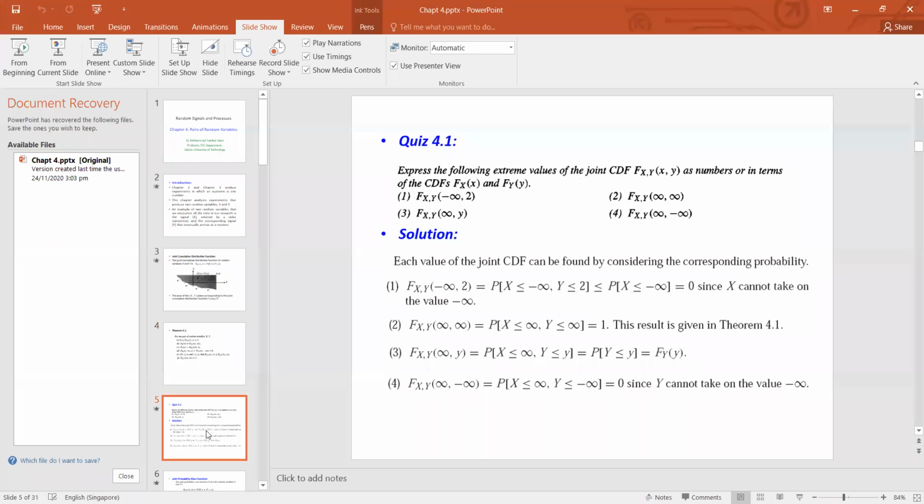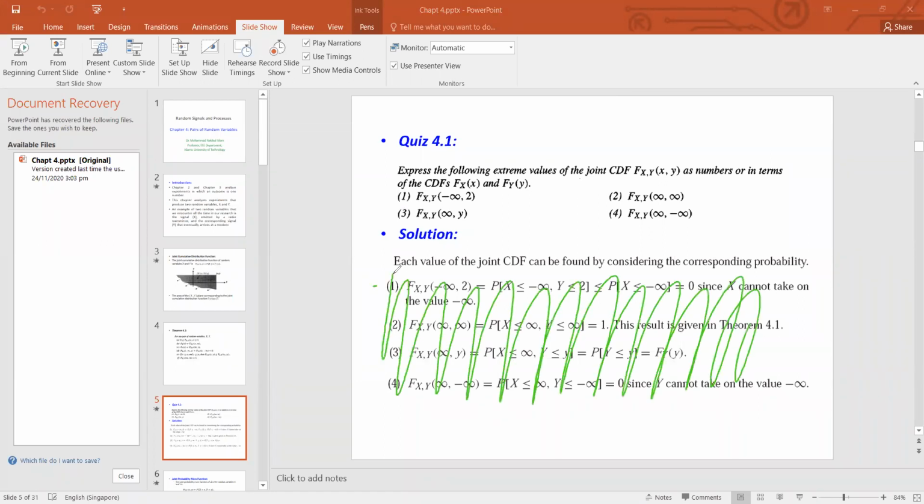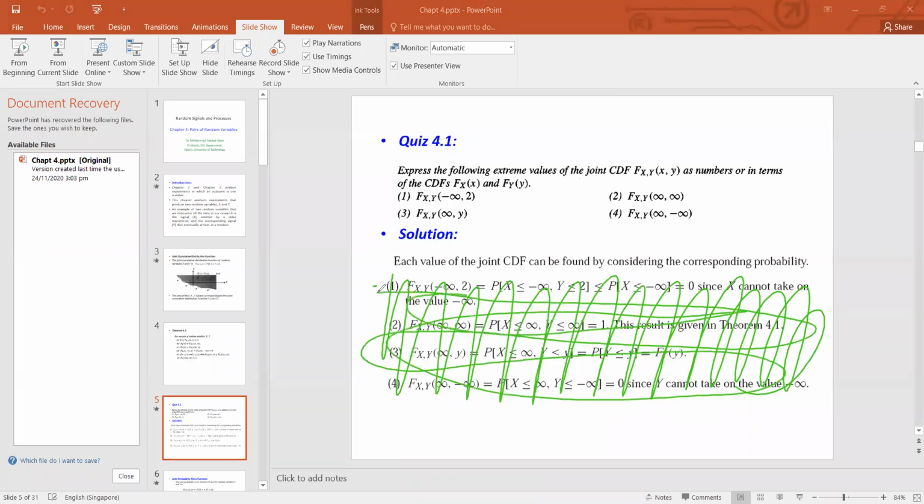Now you will tell me, what is the value of the first one? Do not see the answer.